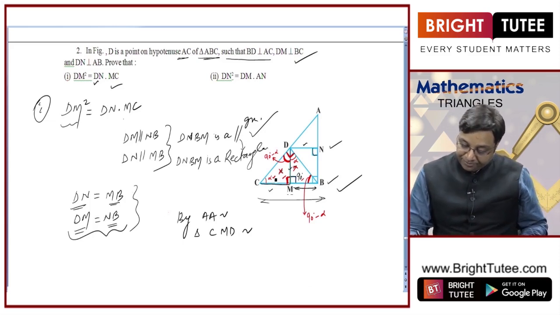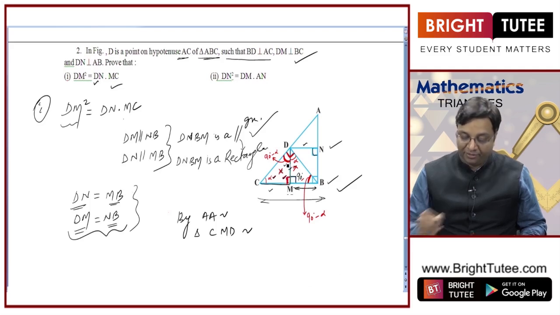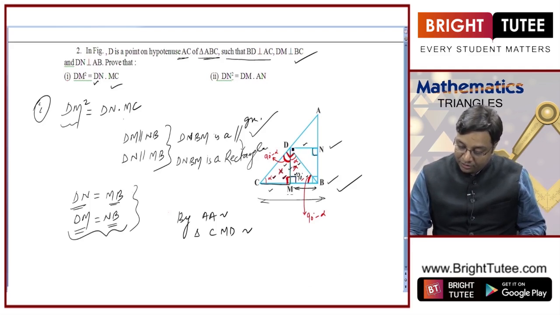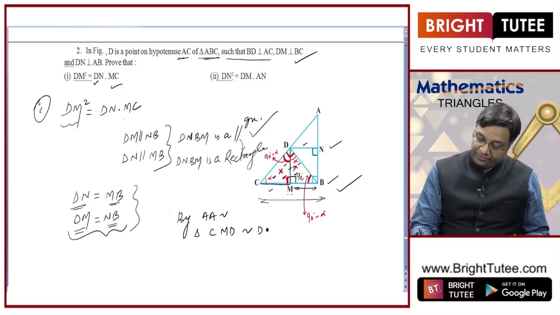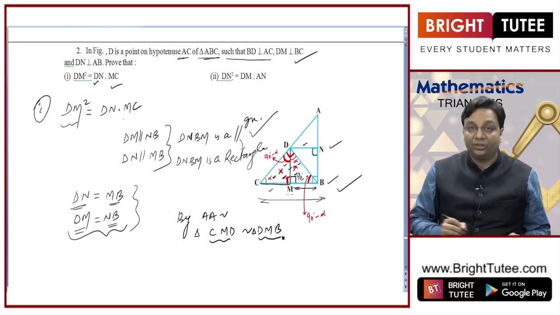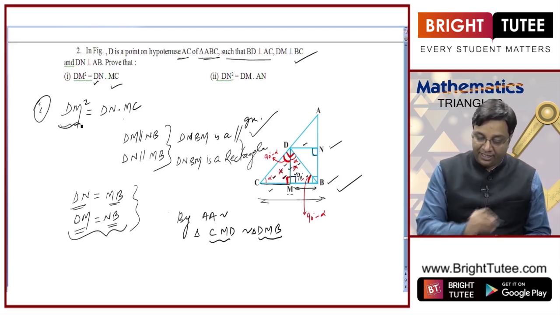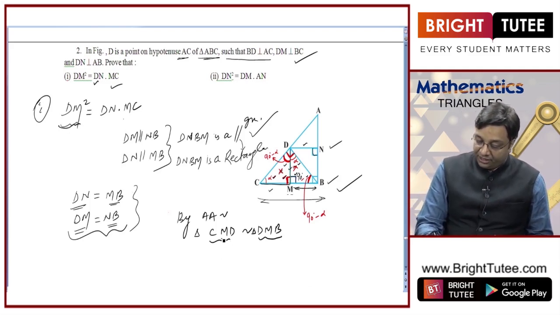When I say CMD, C is angle alpha, M is 90, then 90 minus alpha. So here alpha, 90, 90 minus alpha. So the correspondence will be DMB. Triangle CMD is similar to triangle DMB. Now I require DM square. So I am looking for DM. DM by BM is equal to, here again I have DM, so I will use CM from this side, CM by DM.